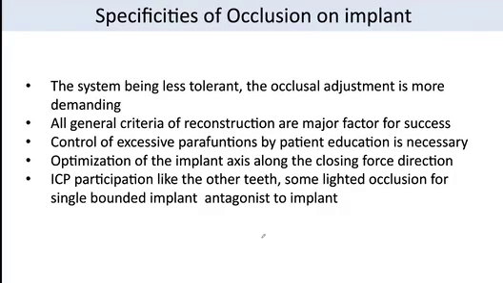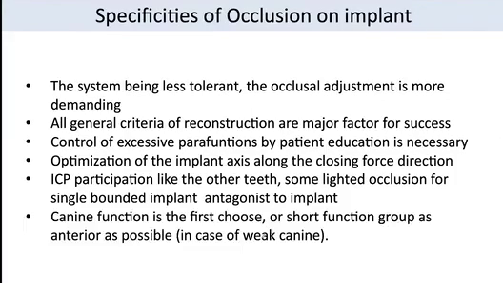Some lighter occlusion for a single implant antagonist to an implant. It is the only case when you can open the discussion about light ICP and strong ICP. Canine function is the first choice, or short group function as anterior as possible in case of a weak canine.